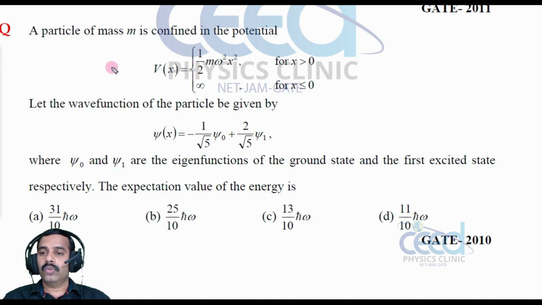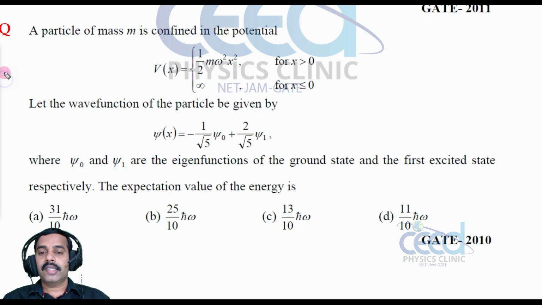Because we are using a particle of mass m confined in a one-dimensional potential, we have only half m omega square x square, right? It is infinity for x less than or equal to 0. But you have to analyze, this is not an ordinary one-dimensional harmonic oscillator.